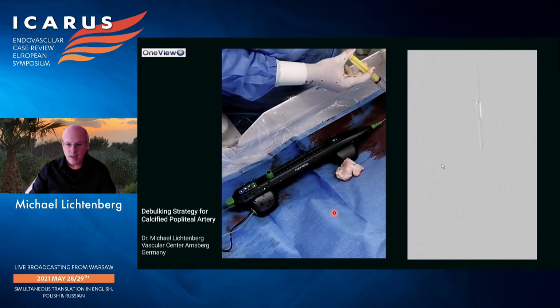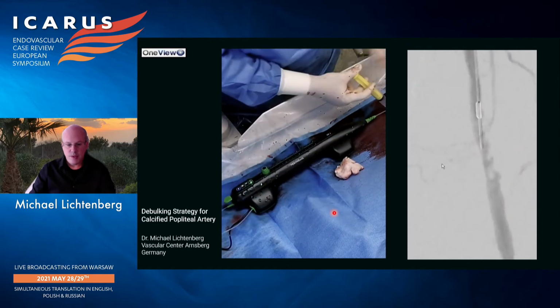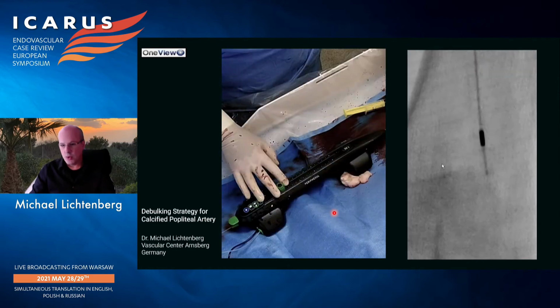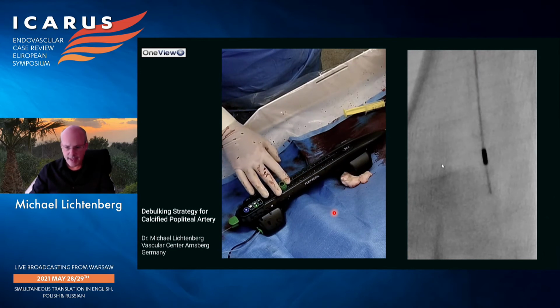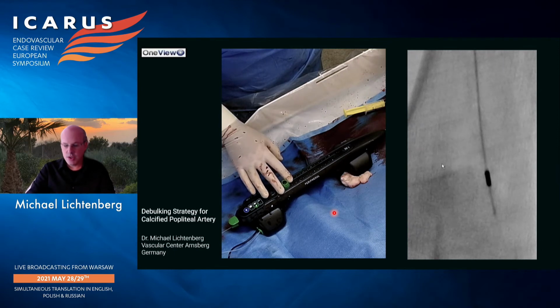As we are aware, there are a lot of different atherectomy systems on the market. We definitely need now to learn which could be the best option in which indication. Highly calcified lesions are definitely the most challenging lesions, so orbital atherectomy is, from my point of view, a very good option, especially in these kinds of lesions.